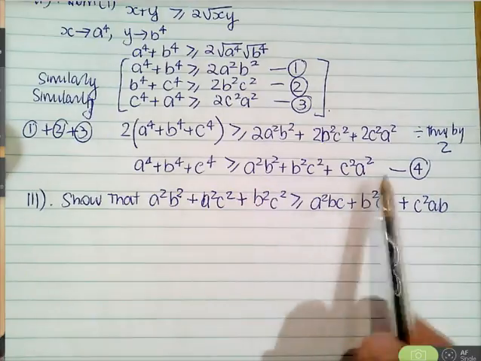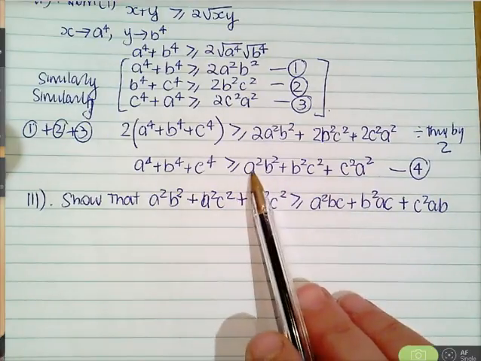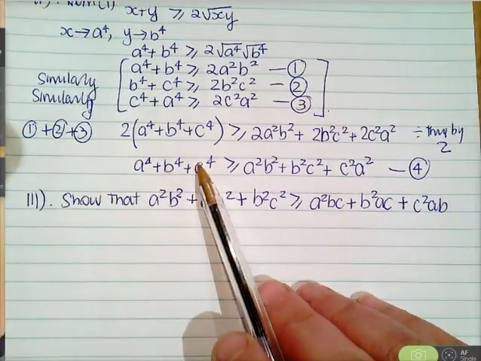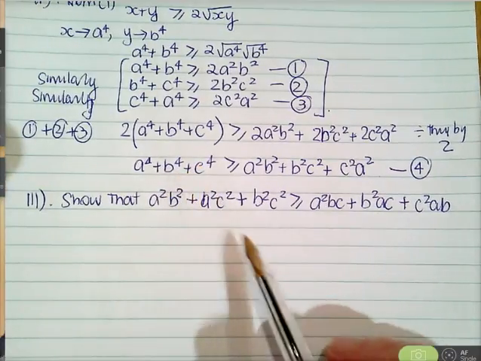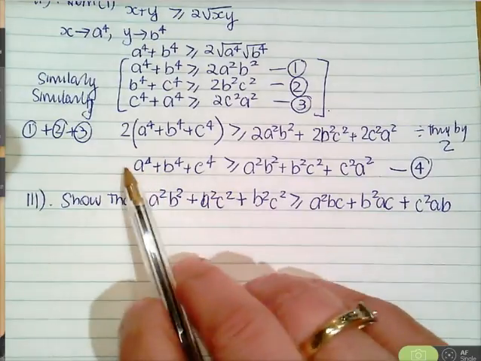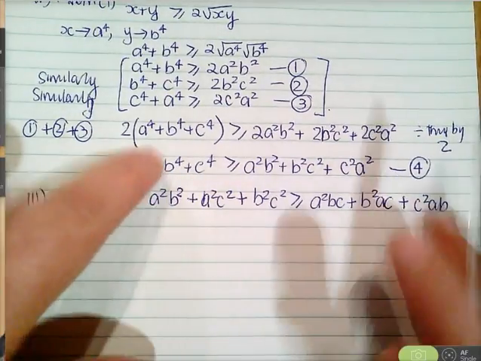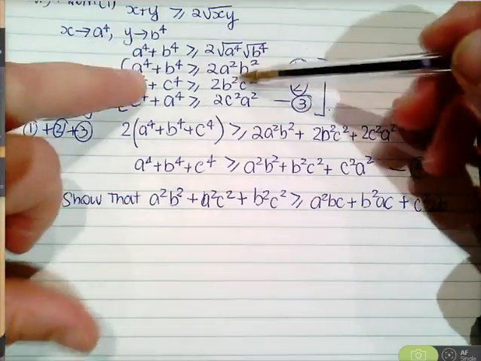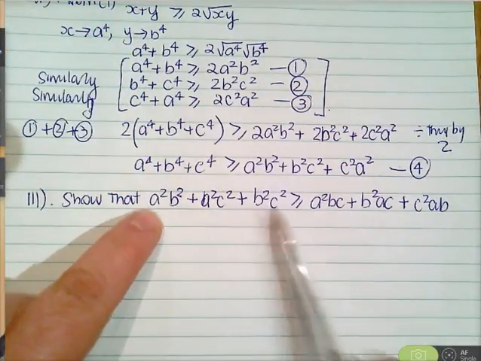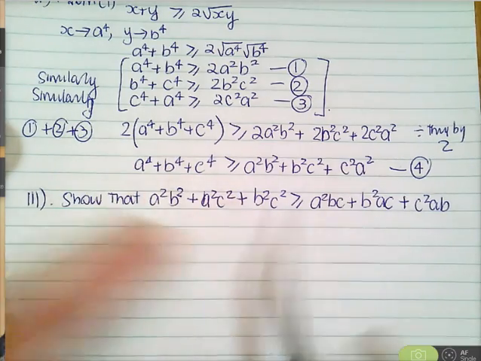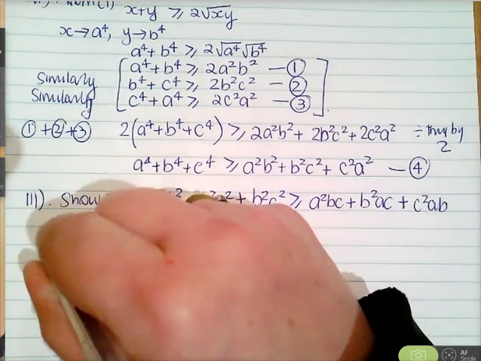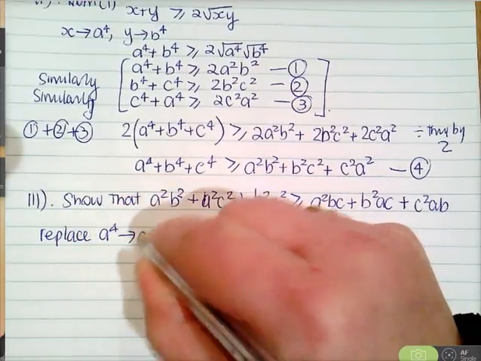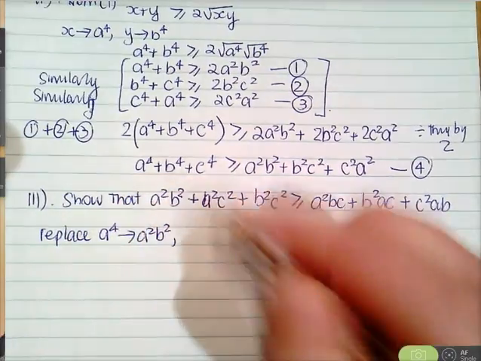Again, we're going to have to replace things in this expression with something else to be able to do it. So we can only really start using this result here from part 4. There's no point really using this because this expression here has got 3 terms in it, so does this. So the only thing we can really do is replace a4 with a squared b squared.